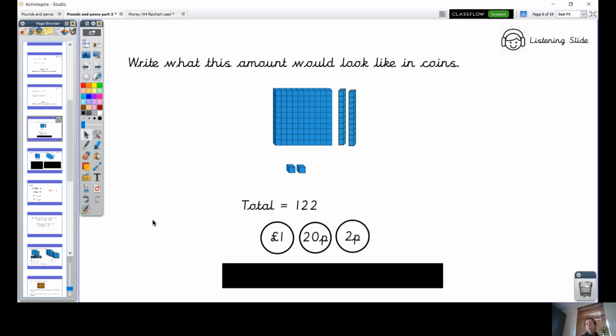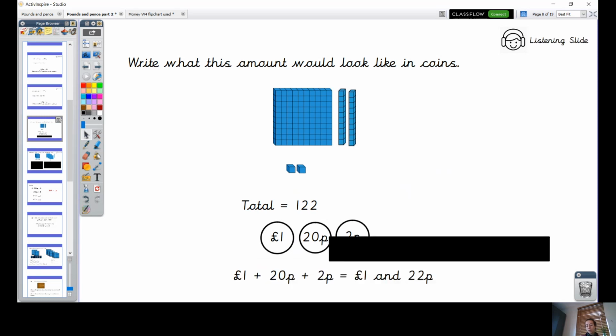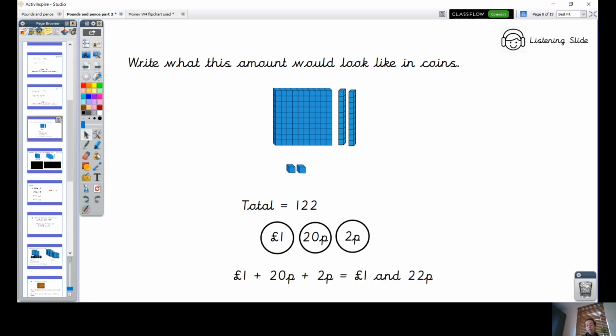Like I say, there would be other ways of doing this. There's different ways we can represent that total using different coins, but this way would be the least amount of coins possible. We could also say that's the same as £1, add 20p, add 2p. That's the same as £1 and 22p.